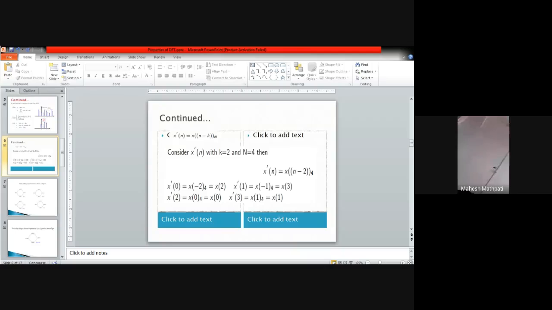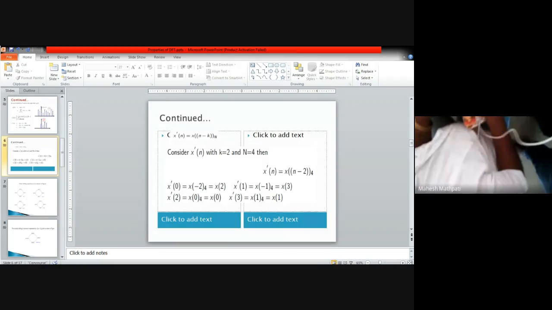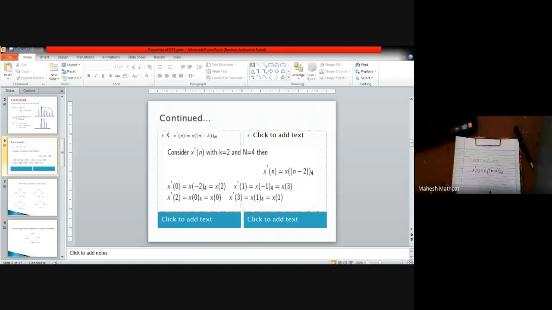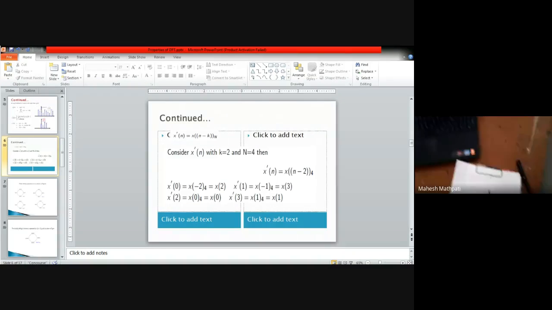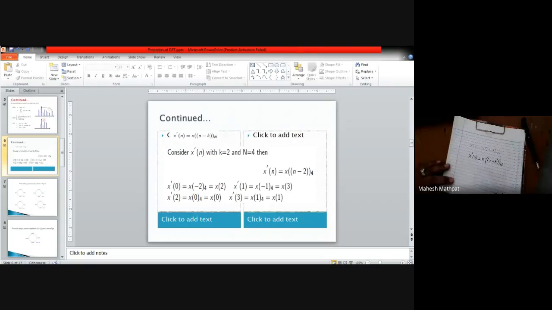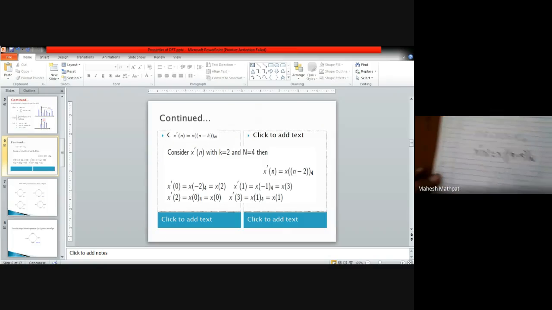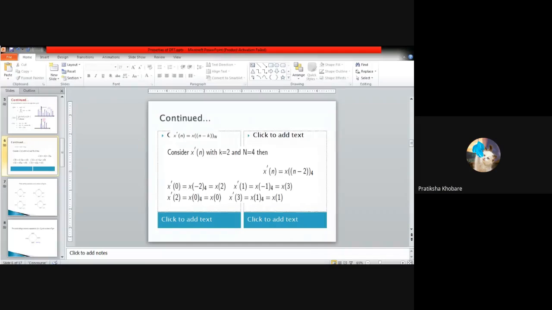Mobile. Blur this thing. Okay, whether it is visible now? Yes, sir.